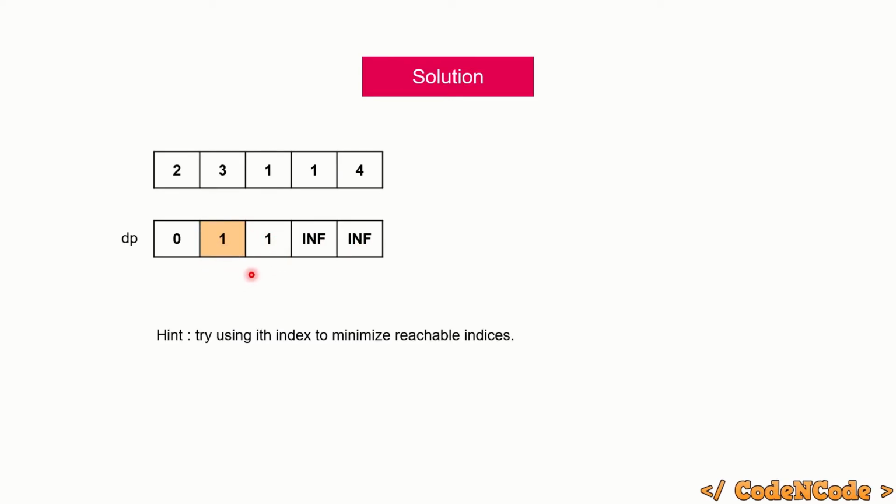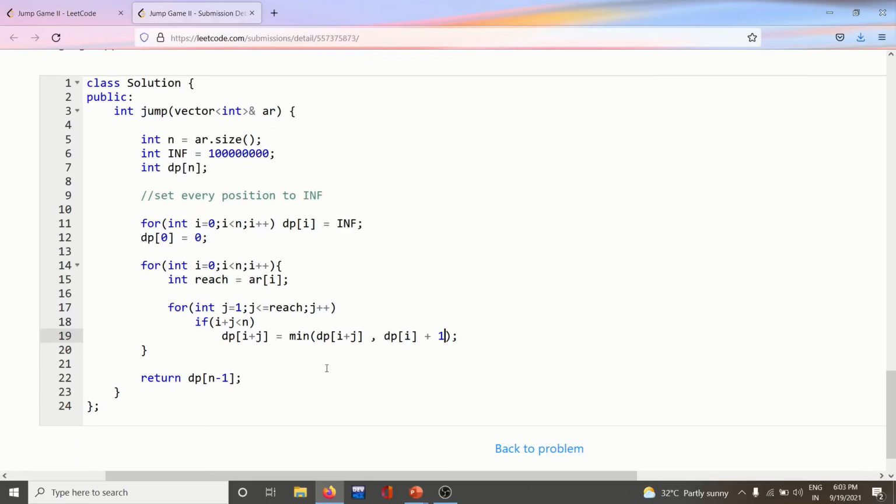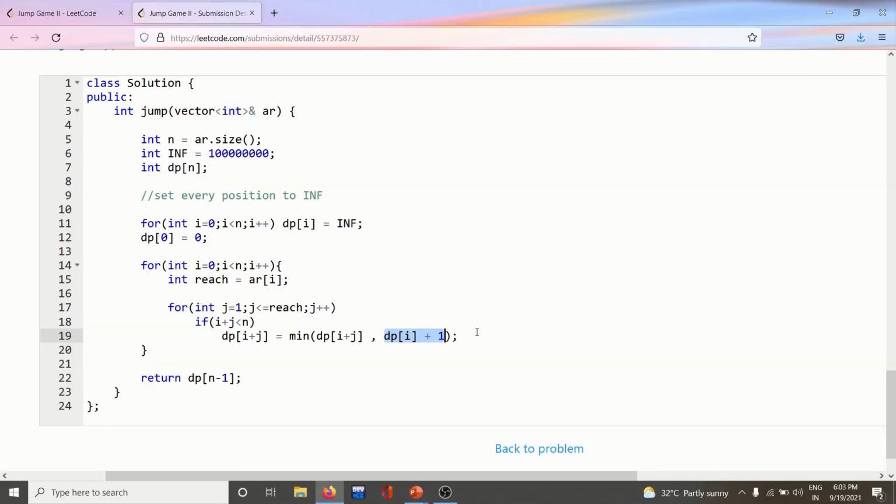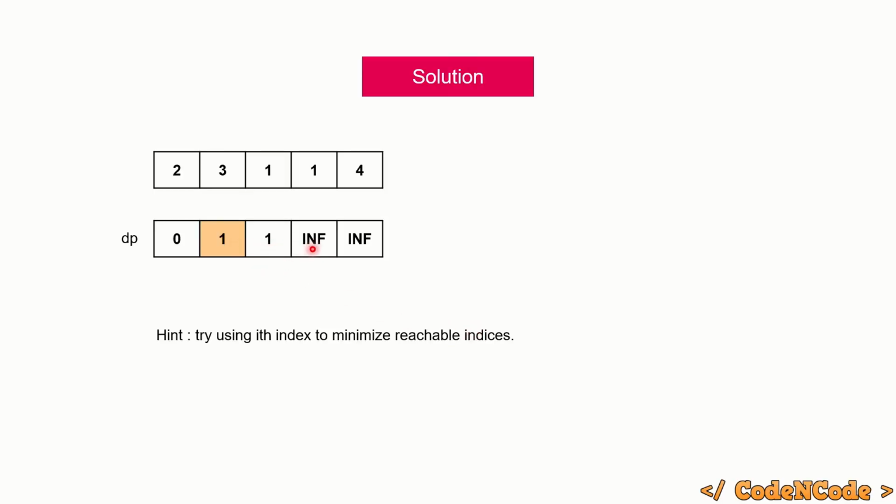Because from here if you take a step, the total number of steps will be 2. If you come here, that will be 1 step. If you come from here to here, that will be 2 steps, and that is not smaller than the already 1. So dp of i plus j is equal to the minimum of whatever is already there, comma, the new number of steps, and the new number of steps is dp of i plus 1. Okay, so dp of i plus 1, and this way we can try to minimize all of the cells.